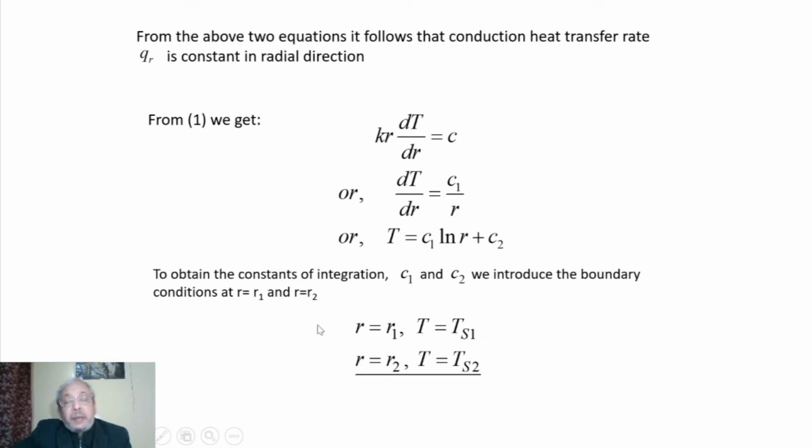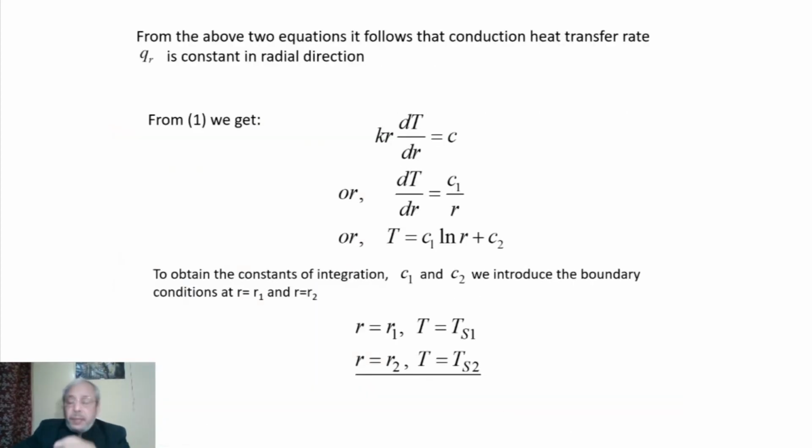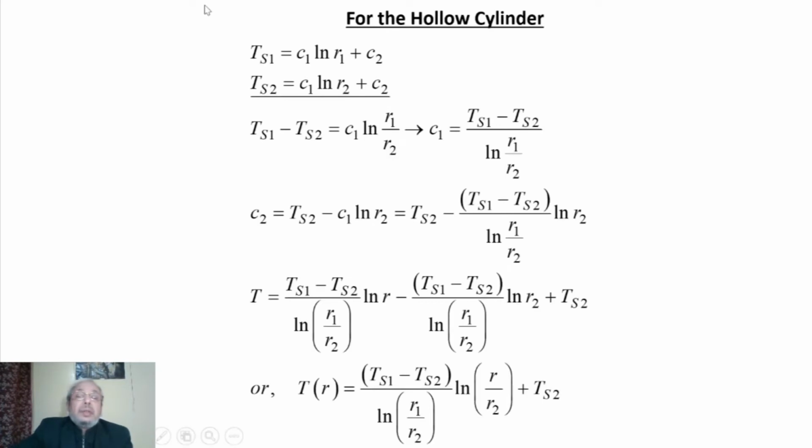We apply the boundary conditions: r equal to r1, T equal to Ts1, and r equal to r2, T equal to Ts2. So Ts1 equals C1 ln r1 plus C2, and Ts2 equals C1 ln r2 plus C2.